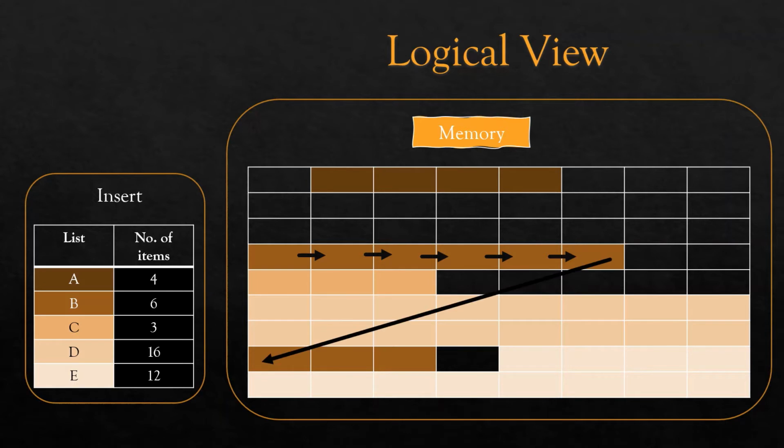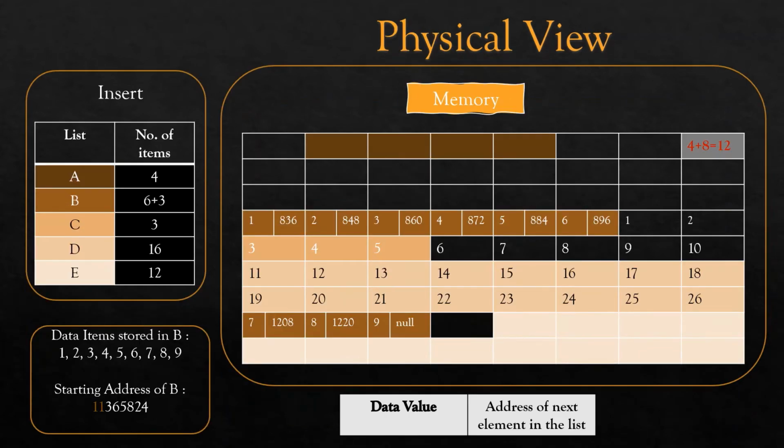And so the 6th element points to the 7th element, the 7th element to the 8th element, and the 8th element to the 9th element. The 9th element explicitly states that it is not pointing to any other element.